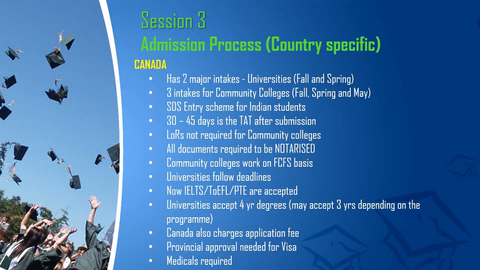Even 55% and above can get an admit in most of the colleges at the community college level. They are flexible and take 2 year, 3 year, and 4 year degrees. But universities still stick to their 4 year degree plan and mostly accept 4 year degrees. Community colleges accept both 3 year and 4 year degrees, but certain programs will require 4 year programs only.